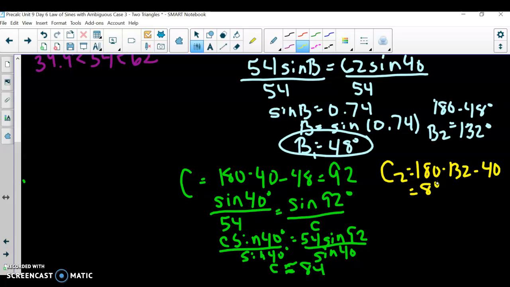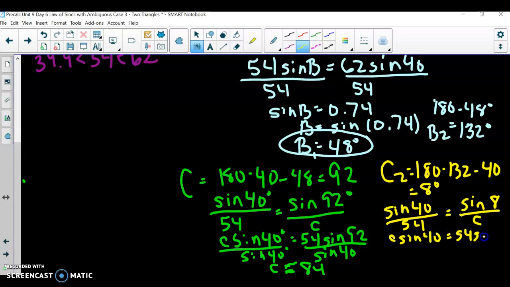And then I still use my A, but instead of sine 92, we're going to do sine of 8 degrees. Sine of 8 over c. If I cross multiply, remember that I have c sine of 40 equals 54 sine of 8. Okay, divide by sine 40.